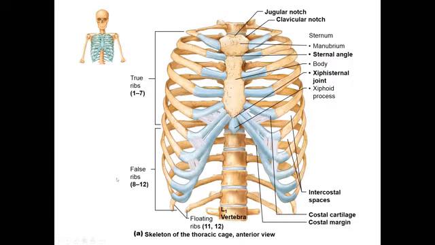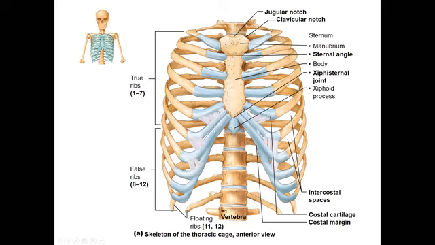So the next skeletal structure that we look at a bit closer is our thoracic cage. The main thing to remember with that is we have 12 ribs. 7 are true ribs, 1, 2, 3, 4, 5, 6, 7, because they connect directly to our sternum. Whereas the others, 8, 9, 10, 11, they don't.